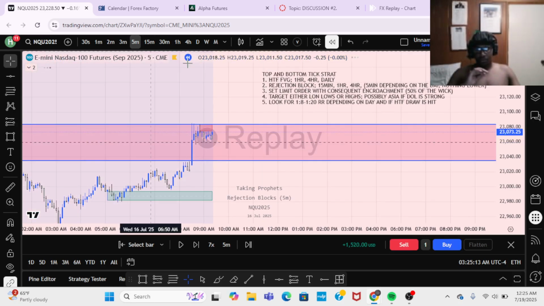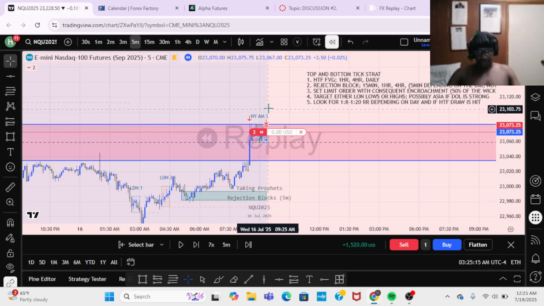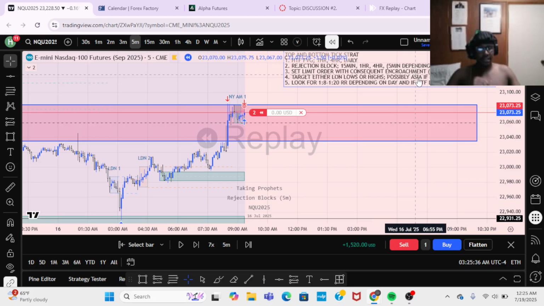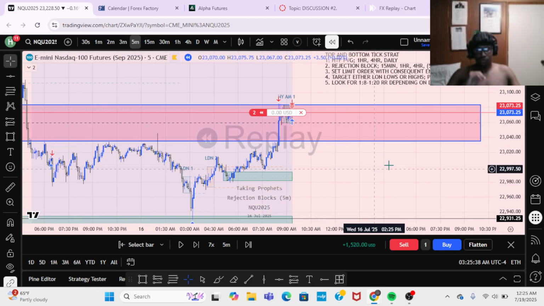But depending on the situation, like right here, for example, I didn't take it straight in the live market, but I did it in FX replay and it worked out. So pretty much what I would do is, you need to have your draw. You're going to target either London lows or highs, possibly Asia if the draw on liquidity is strong.